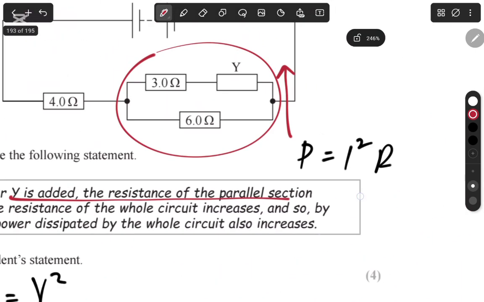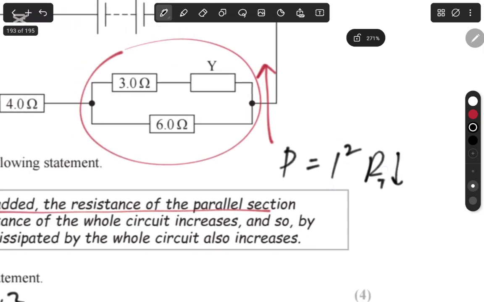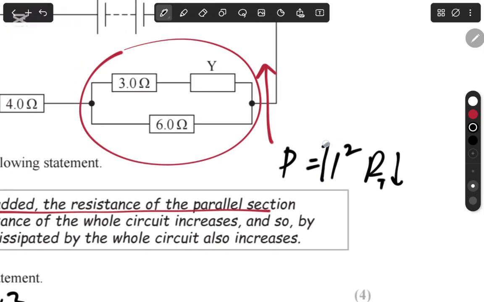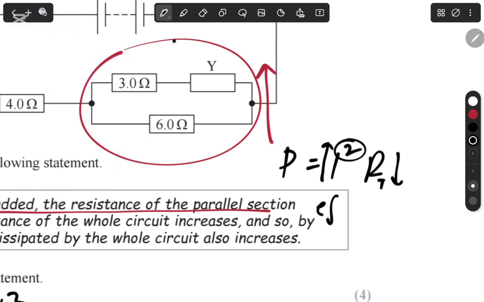So why can't we use this equation, and how do we explain it using this equation? Well, first of all, the total resistance is going to decrease and the current across the circuit is going to increase. Oh my bad, I took it wrong, give me a second. The total resistance increases, the current should decrease. It's the other way around.